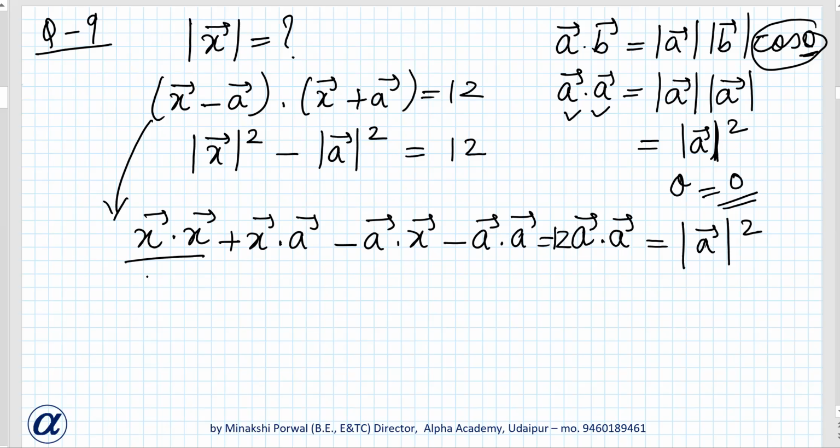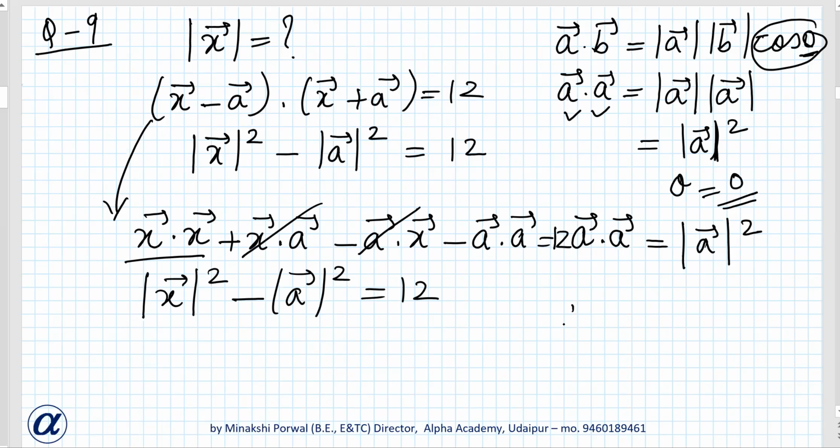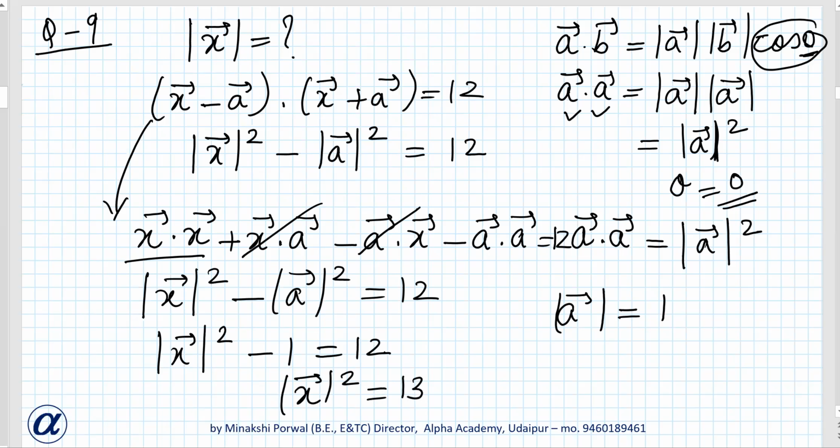Now this can be written as magnitude of x square, this and this cancel, and minus magnitude of a square equals 12. Now they are saying that a is a unit vector, that means modulus of a is 1. So magnitude of x square minus 1 equals 12, or magnitude of x the whole square equals 13, so magnitude of x will be equal to under root 13. This will be the answer.